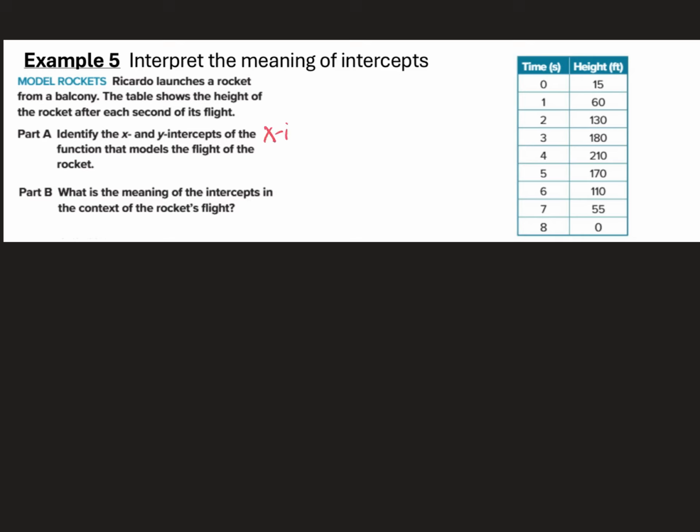So the x-intercepts. Now, we do not have a graph, but remember, the x-intercept means that y is equal to 0. If you have an x-intercept, then y is equal to 0. So when I look at this one, my x-intercept is 8 because y is 0.